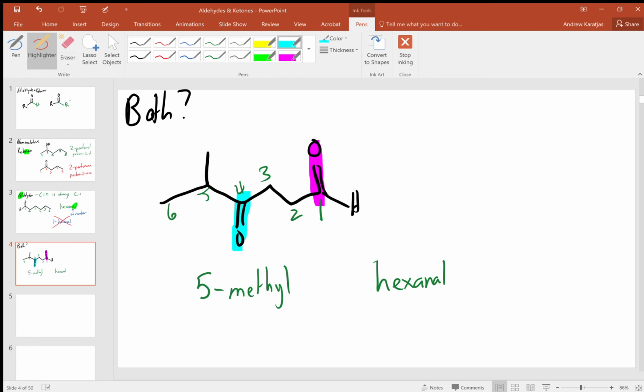In the next section, we'll cover carboxylic acids, and that's another group that gets priority over the ketone. Then we have to name the ketone as a substituent. What do we call the ketone as a substituent? It's referred to as oxo. So since we have a ketone on carbon 4, this becomes 5-methyl-4-oxohexanal.